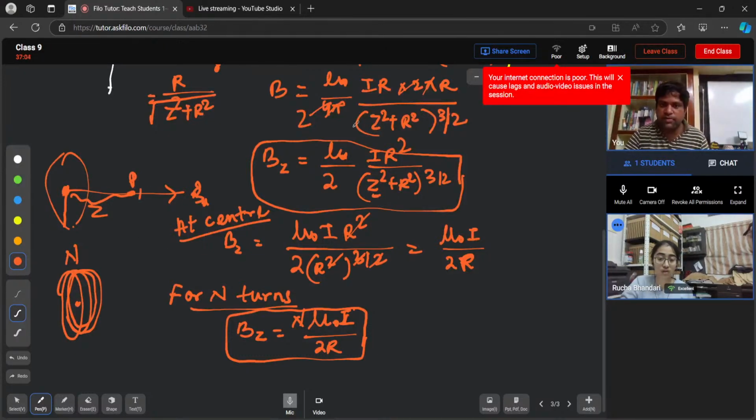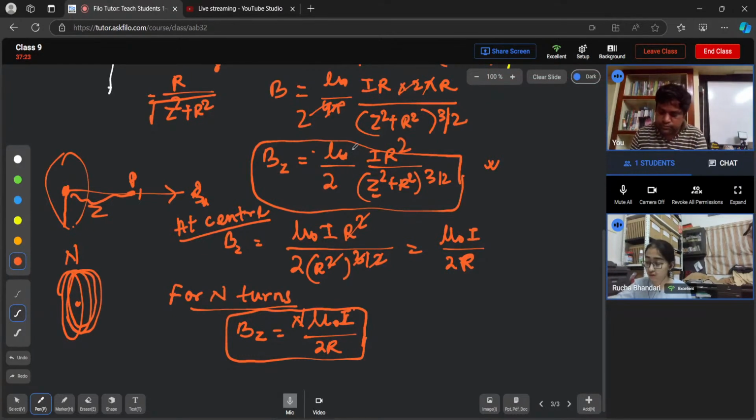On the axis also, you will multiply with n. For one turn, we got this expression; for n turns, n will be multiplied. So what we will do?